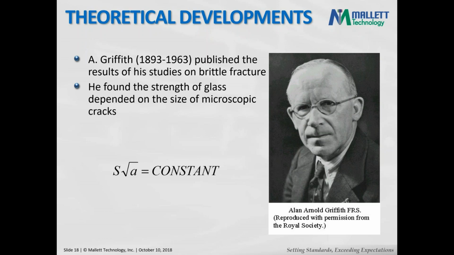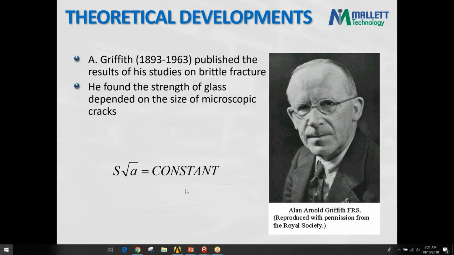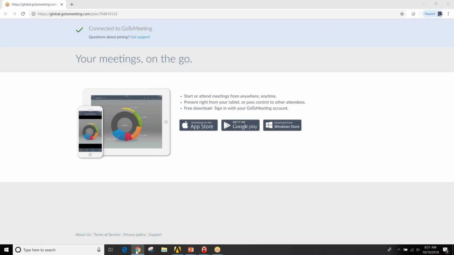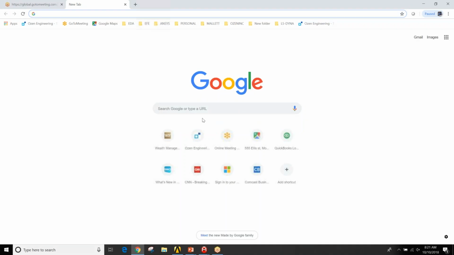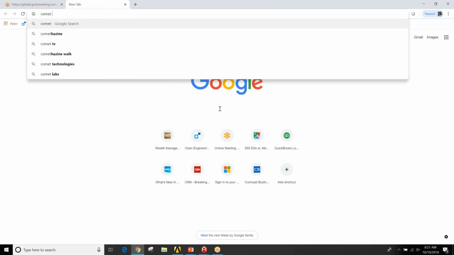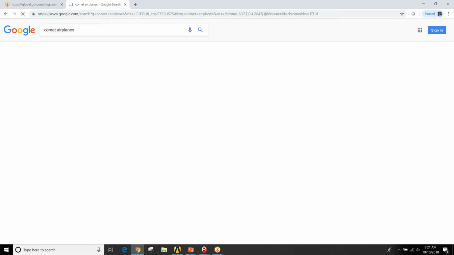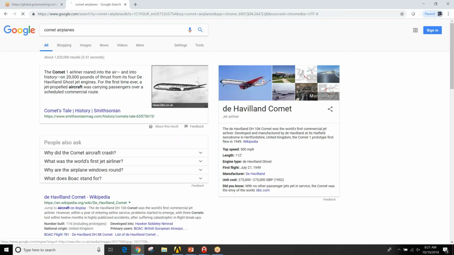So back then, some of you may already know this, the Comet airplanes, for example. You're getting off the topic here, but let me show you. Comet airplanes here, for those of you who already know this.